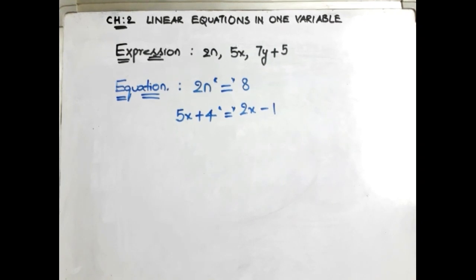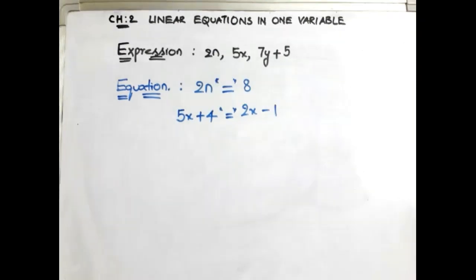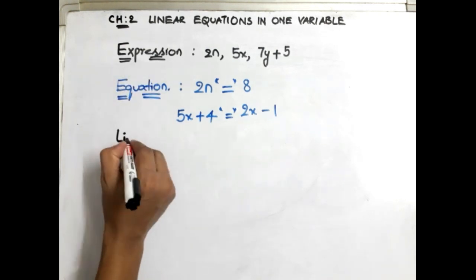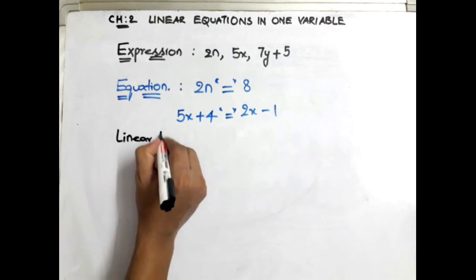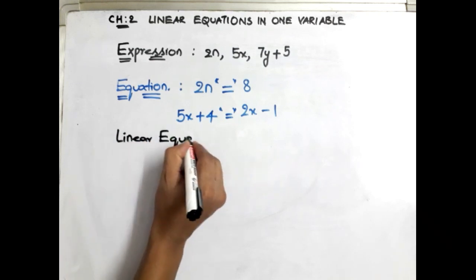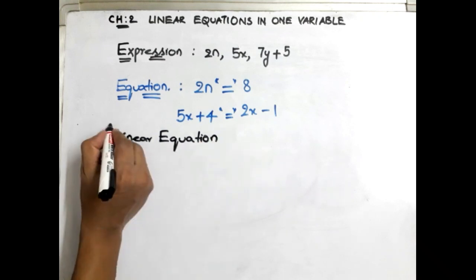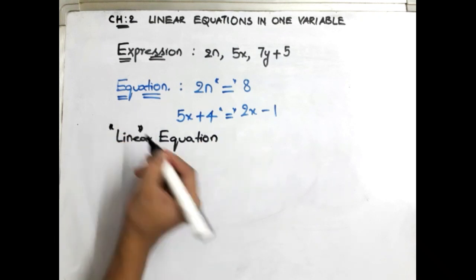linear equation. What exactly is a linear equation? Please look at the board carefully. So expression, equation, now linear equation. If you observe here, you can see the word line.